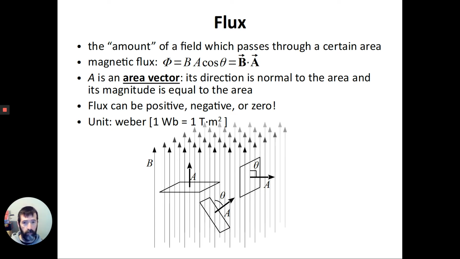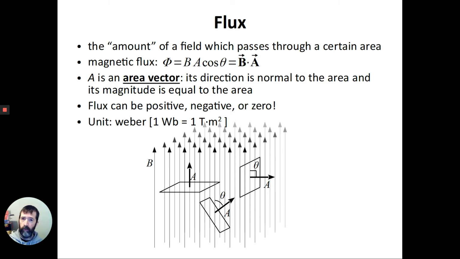So as a brief recap here, you can think of flux as being a way of measuring the amount of magnetic field that passes through some given area. So like if I make a little loop, and there's a magnetic field in this space, those field lines go through the loop, and flux just measures that.